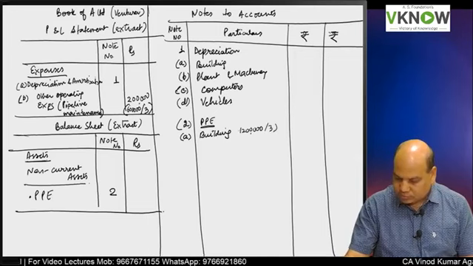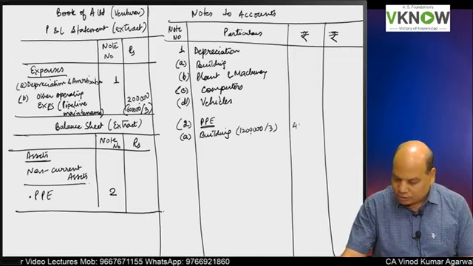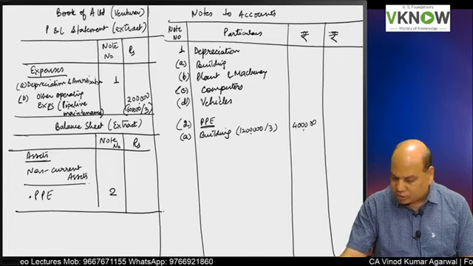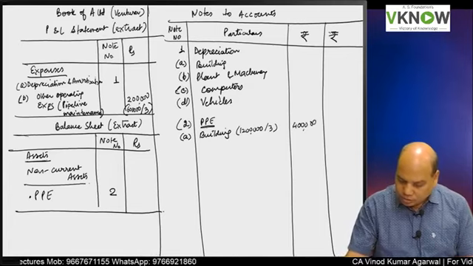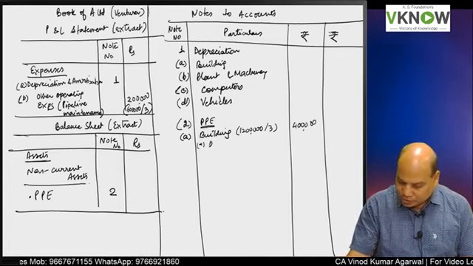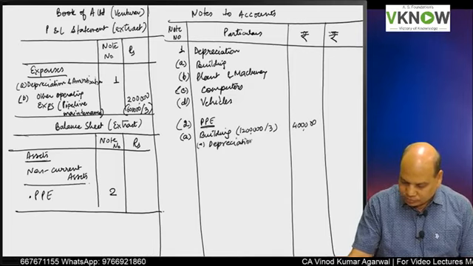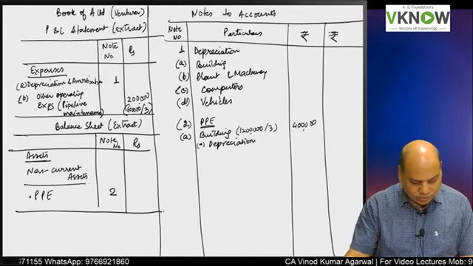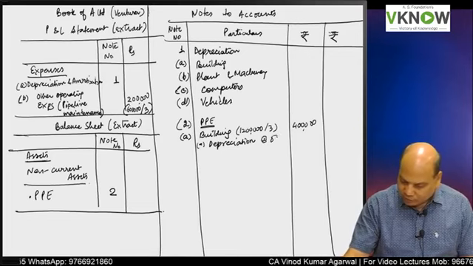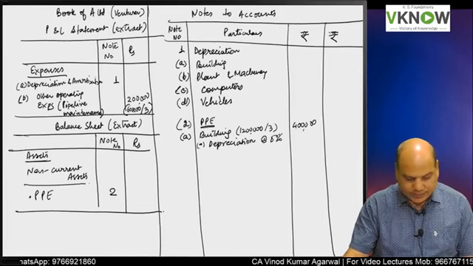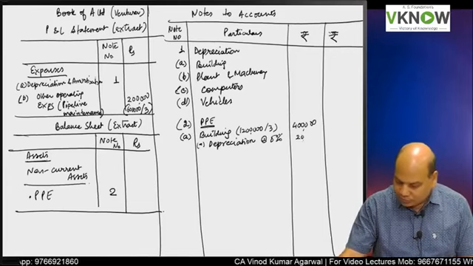Divide by 3. Share of A Limited in the building gross is 4 lakh, less depreciation at the rate of 5%, that is 20,000. So this will be 3,80,000.